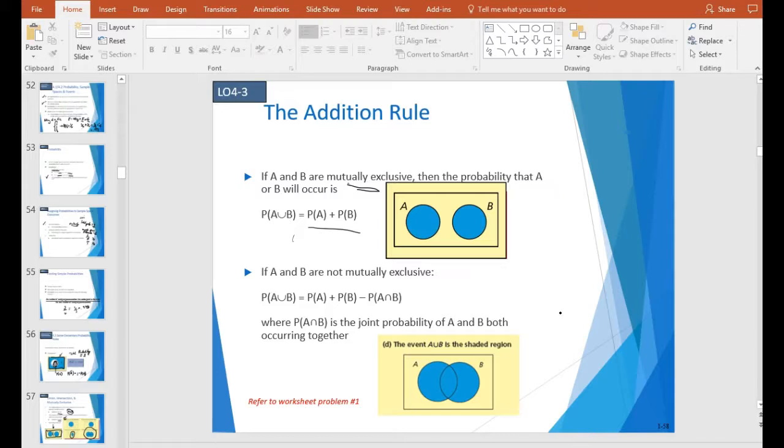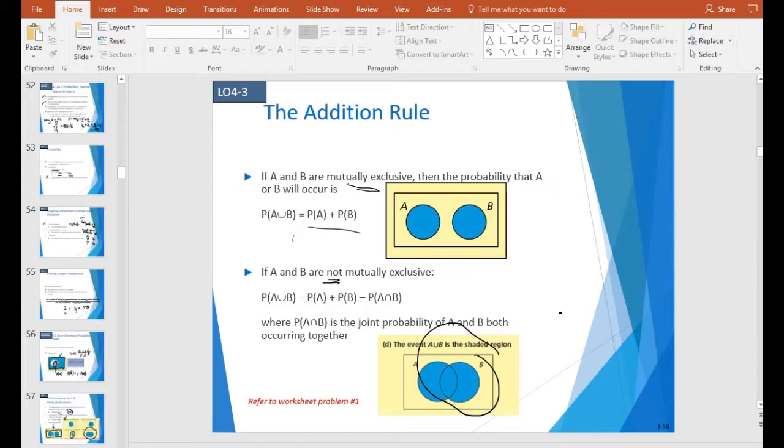So that's that. Now, if A and B are not mutually exclusive, then the formula switches a little bit, meaning there's overlap. Okay, we could see by this diagram that there's overlap here. So when we're looking at the addition rule for not mutually exclusive events, there's overlap, and then we have to minus off one of those overlaps.